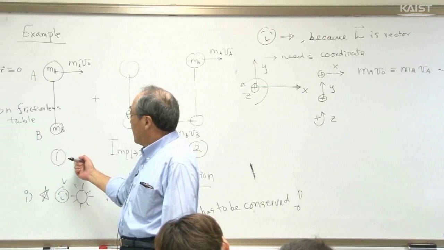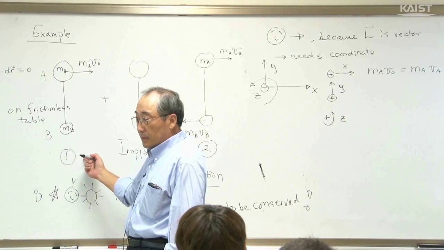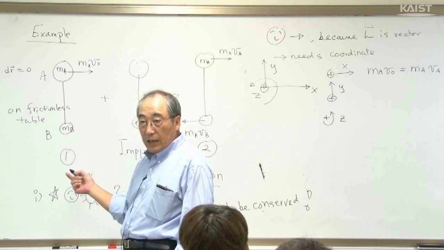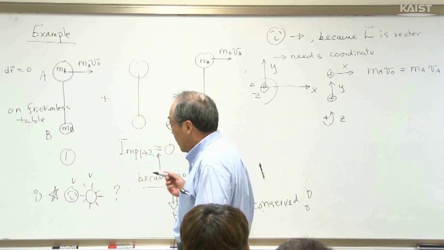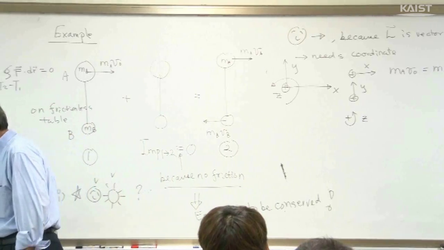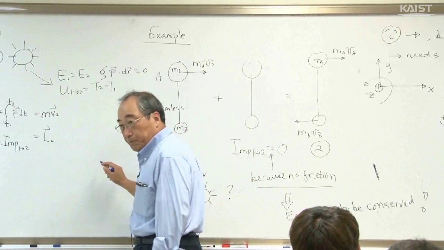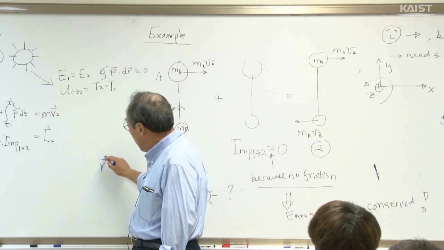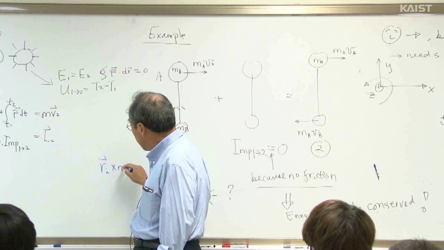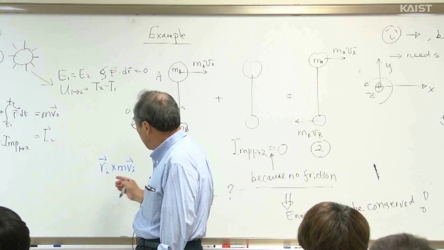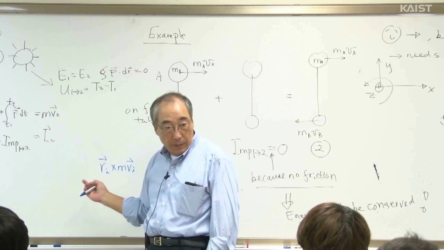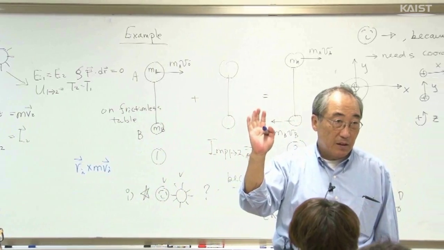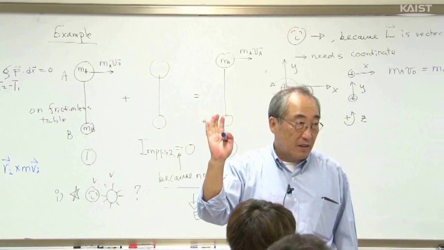Angular momentum as state 1. Okay. I have to take angular momentum. That means angular momentum is simply taking a moment about the linear momentum vector. That's angular momentum. Okay, it's not a difficult one.